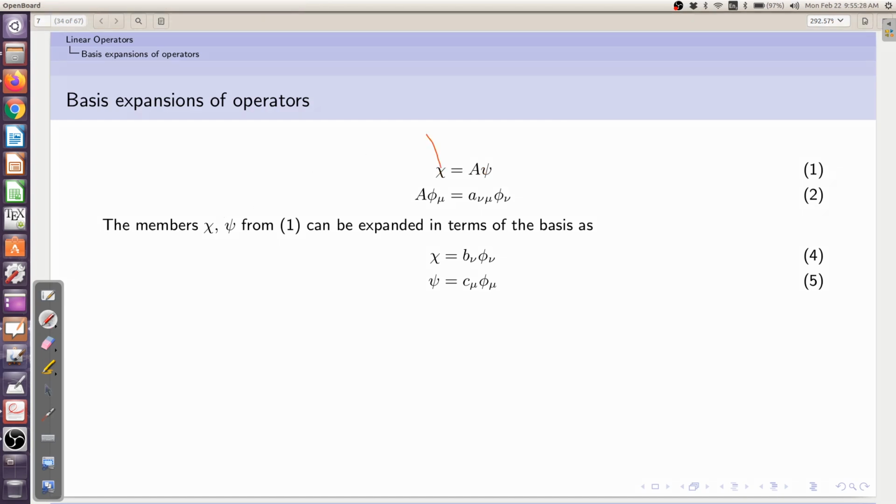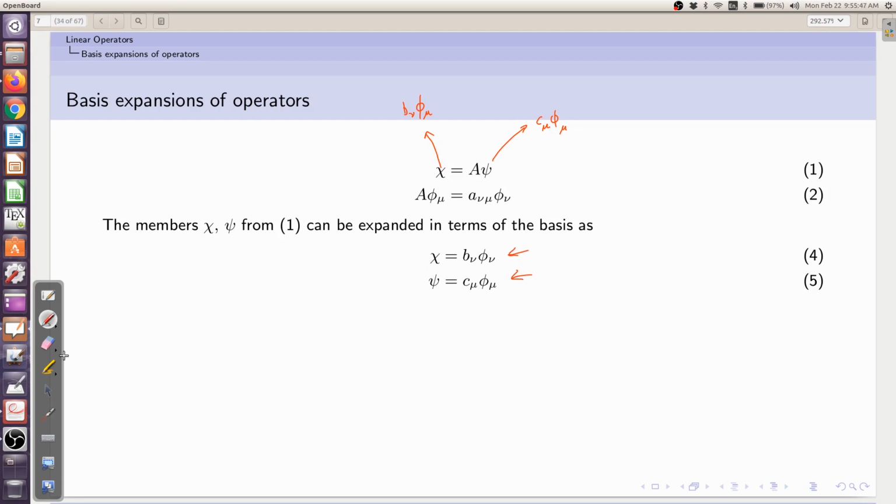We might as well expand this in terms of phi nu, so we put some coefficients b nu. We can expand it like this. Similarly, this can also be expanded, with some phi mu and some other coefficients c mu. So that's what we have done over here as well as here.